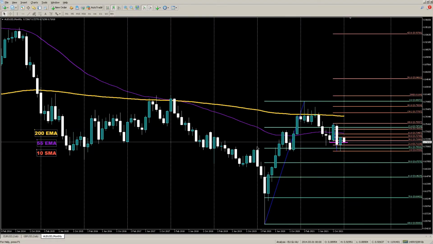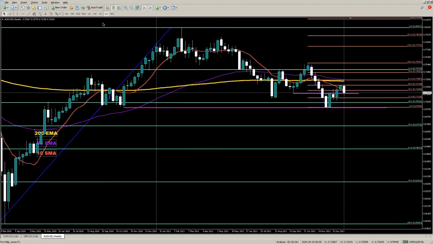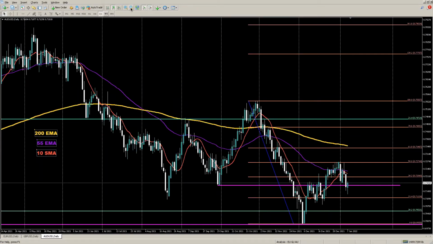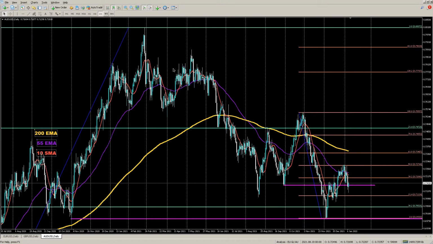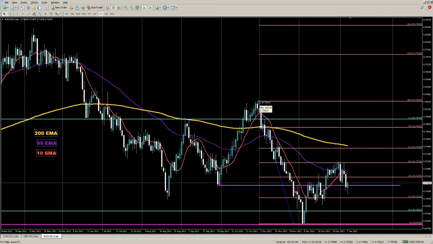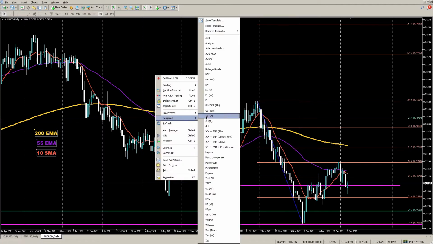And it managed to find support down here at this level, at the swing low there. All right, so let's save this for next week.